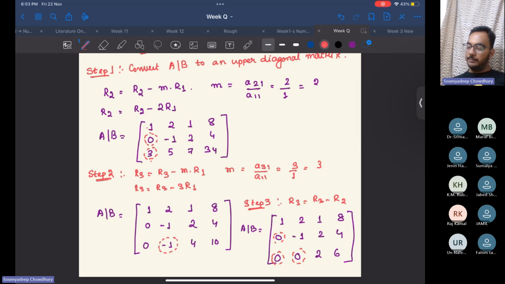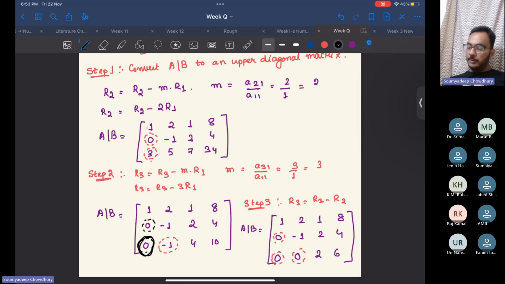Again, in the third step, two elements are already 0. This element is 0, this element is 0. Only minus 1 remains, which we have to make 0. Now you have to see, here the 3,1 element is already 0.